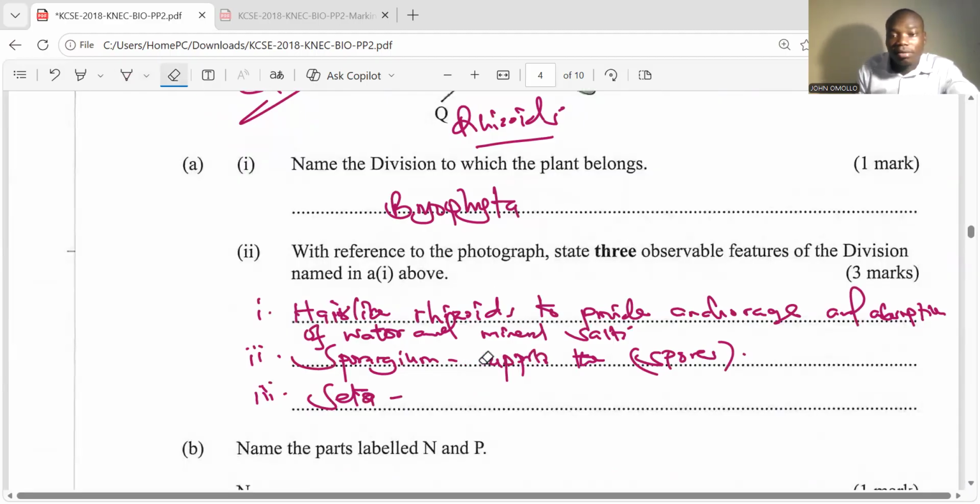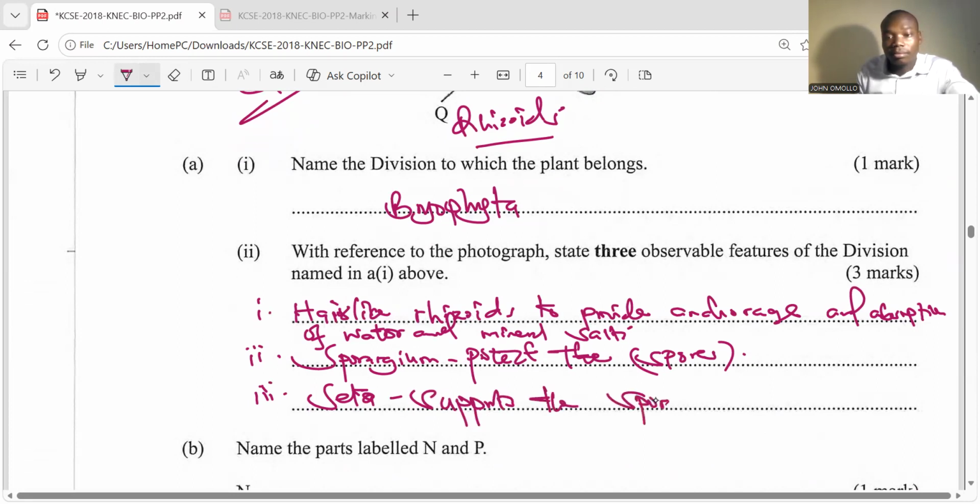The sporangium does not support the spores, but surrounds or protects the spores. Still, seta supports the sporangium.